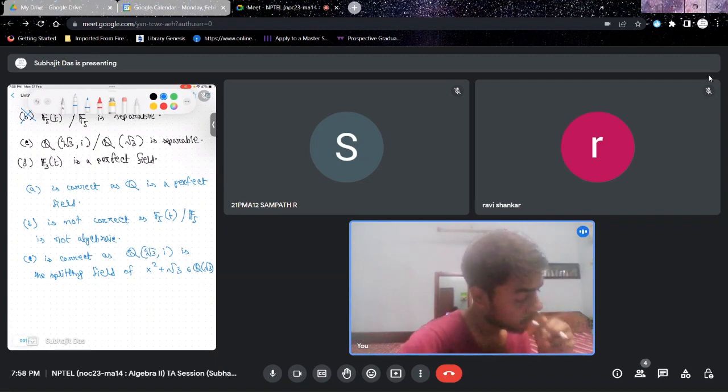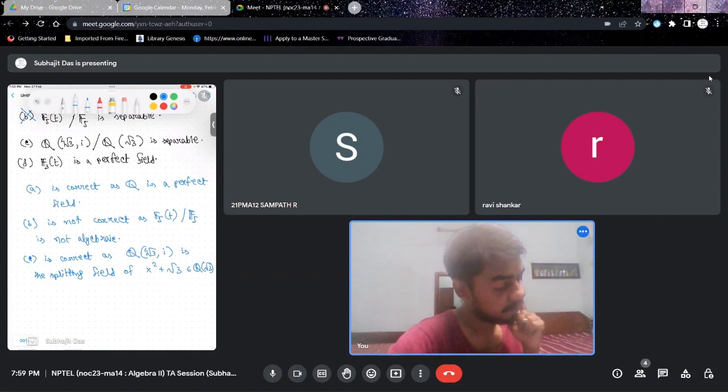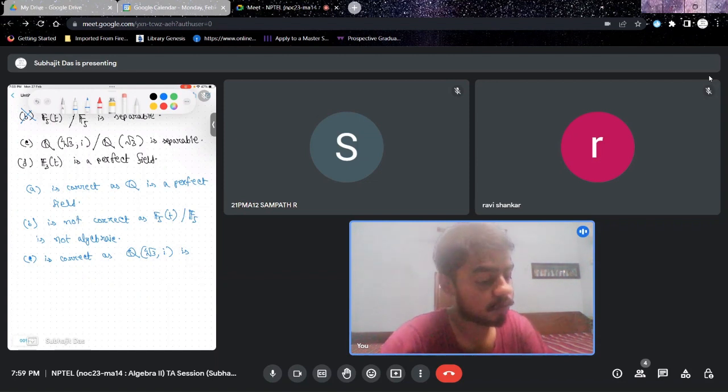No, I think I am wrong. This is not the splitting field. The splitting field will be fourth root of 3 times i, not comma i. But anyways, that also doesn't matter. The point is that this is a finite extension of Q(root 3).